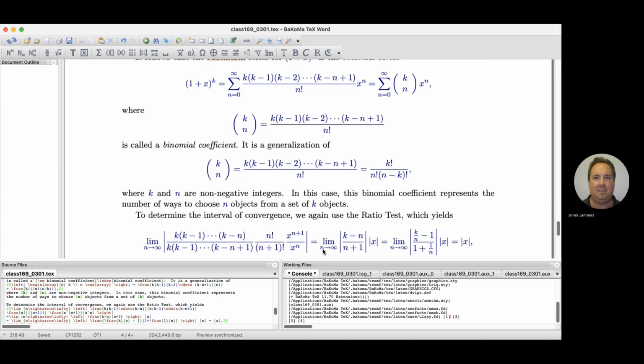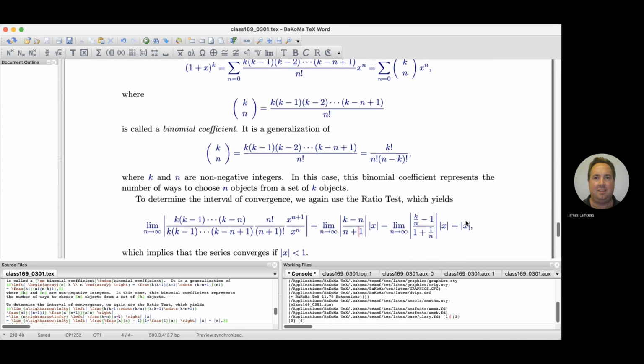Now, what happens as n goes to infinity? Well, this term becomes negligible, so does the plus 1 here. Another way of putting it, this ratio converges to 1 as n goes to infinity, so you're left with the absolute value of x. But this needs to be less than 1 for a ratio test to declare convergence.